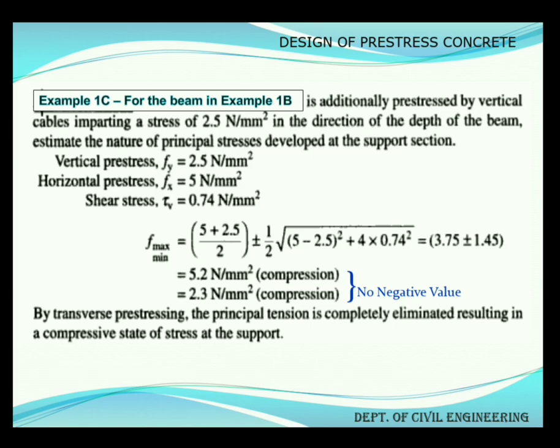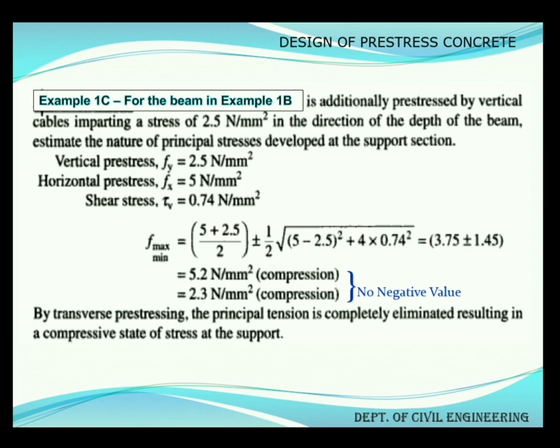That is, the second value also comes out to be positive, that is, the minimum principal stress also is a positive value, which is 2.3. That means we are able to overcome the tension. Therefore, by transverse pre-stressing, the principal tension is completely eliminated, resulting in a compressive state of stress at the support.